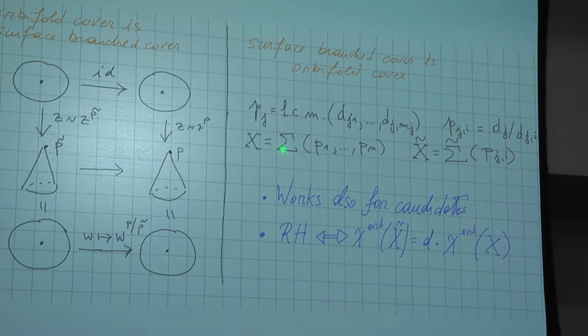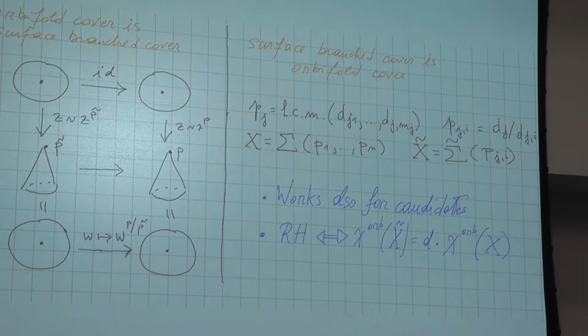And then you get the orbifold sigma with cone orders p1 through pn, and sigma trivial with cone orders pji, and with these extra combinatorial instructions that I will not speak about, you have an orbifold cover. And this also works for candidates.